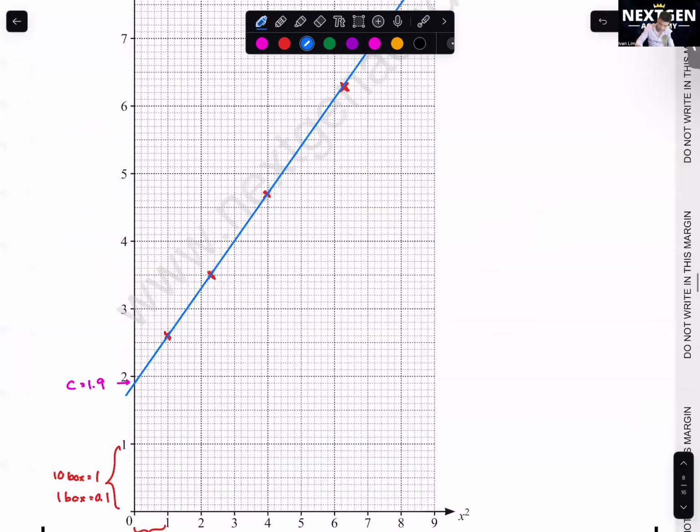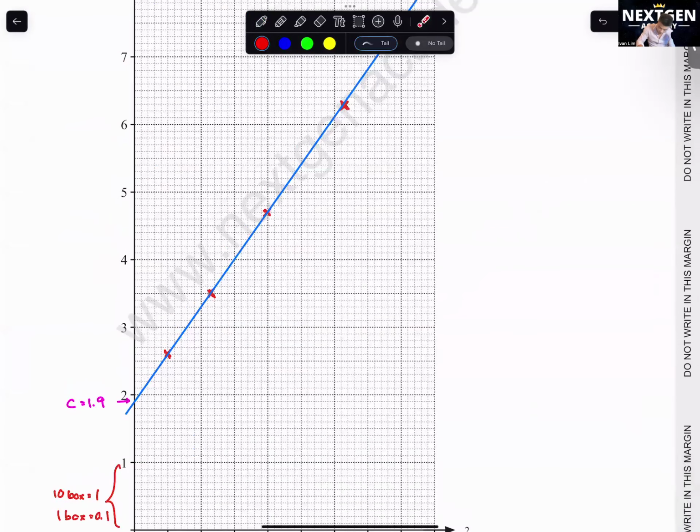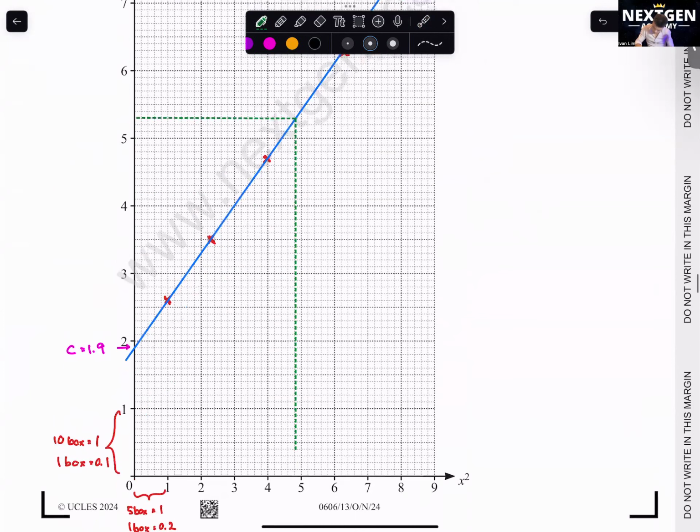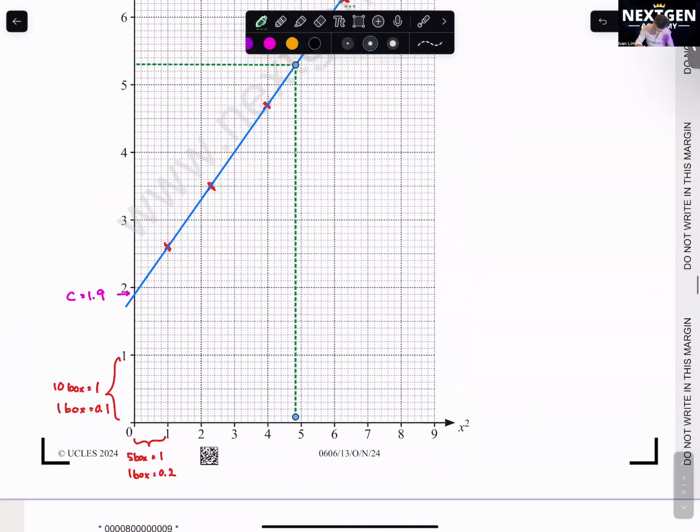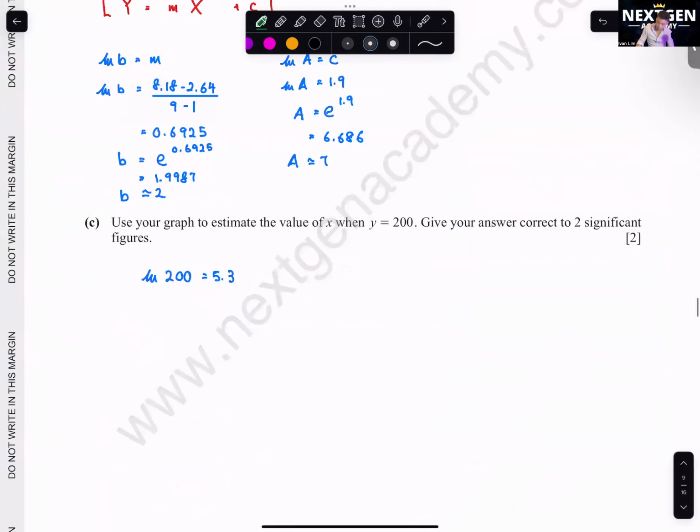Find your 5.3 here. You go here and to this point. According to mine it is at 4.8. So I think you can put 4.8 or 4.9.